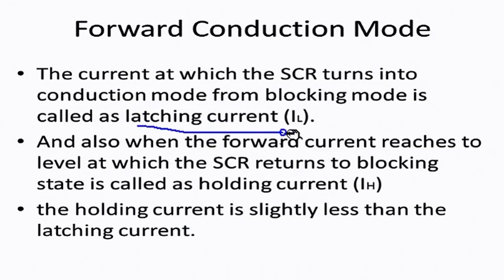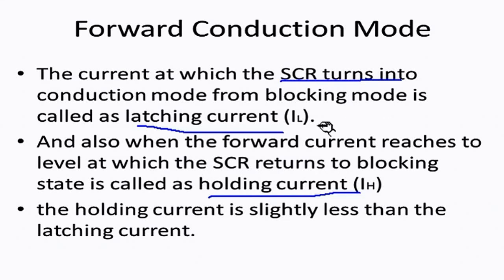Next, latching current. So this is the minimum current required to flow through SCR so that SCR can be turned on. And holding current. So holding current is nothing but when we reduce current through SCR, after a certain limit, when it is reduced less than holding current, it is turned off automatically.